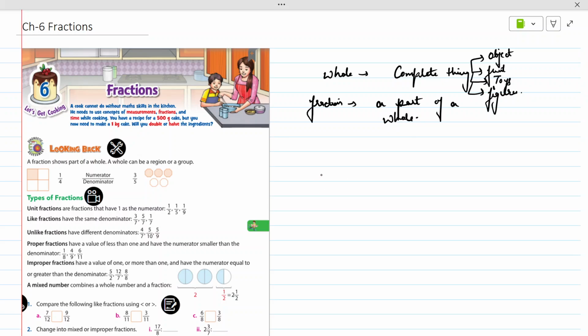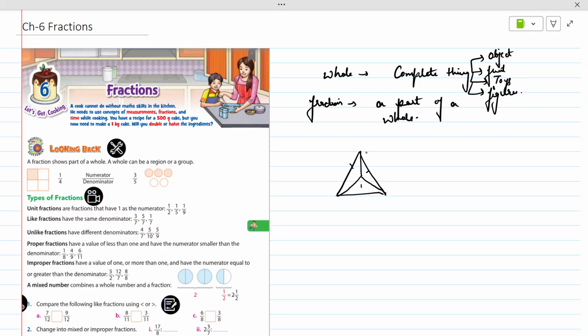Okay, so let's understand this with one example. I am drawing a triangle here. Okay, so this is the triangle I have drawn, and now I am dividing this triangle into three equal parts. This is part 1, this is part 2, and this is part 3.